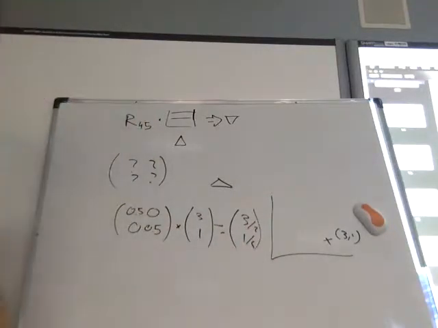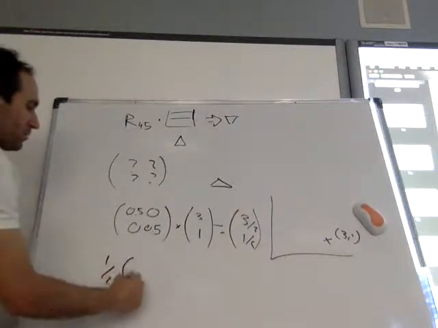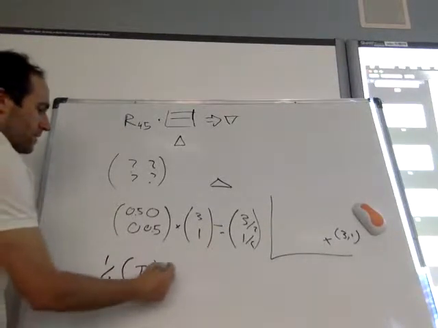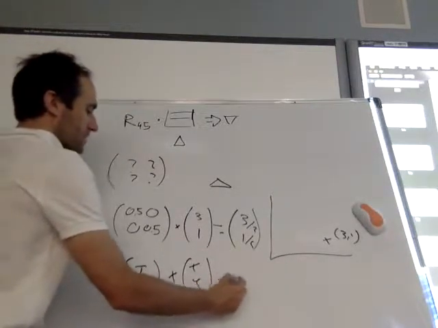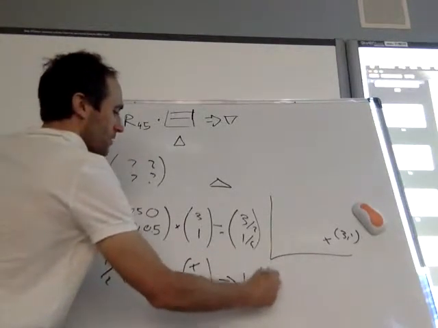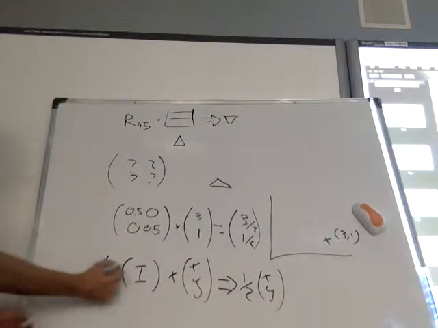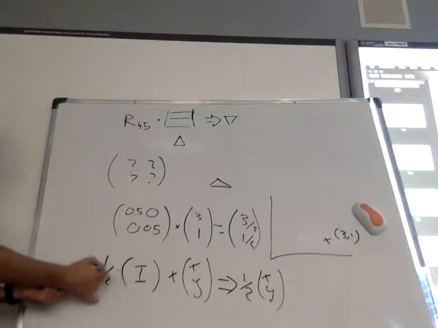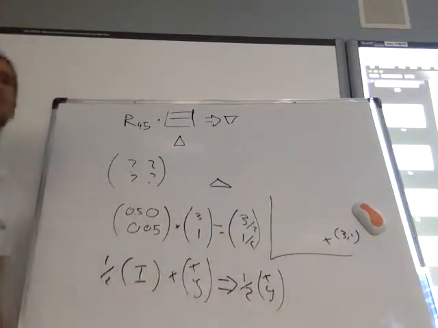Divided by 2, right? So it's the same as saying identity divided by 2, times my points. What happens is that the points get divided by 2, right? I can say identity 0.5, anything will be scaled by 0.5.